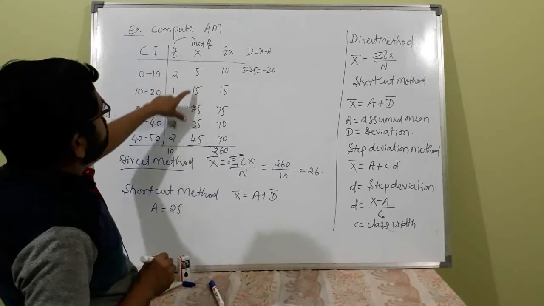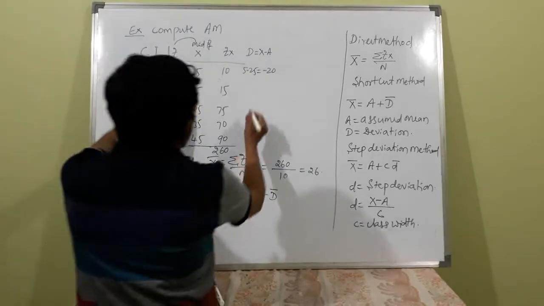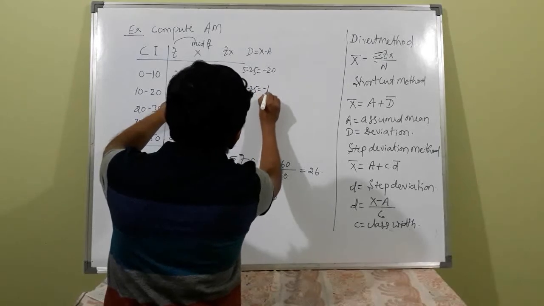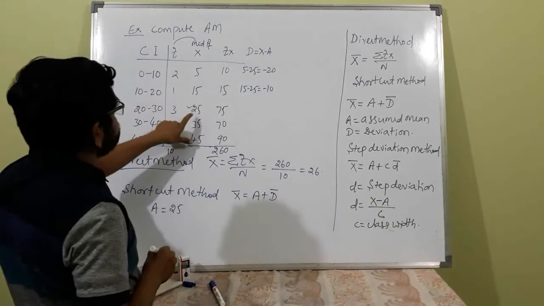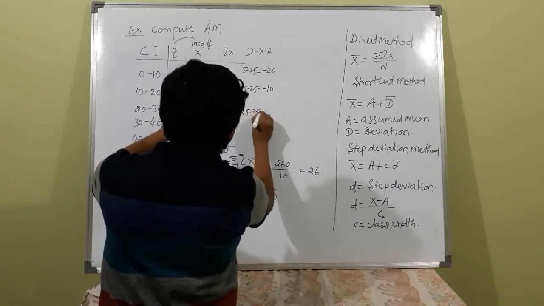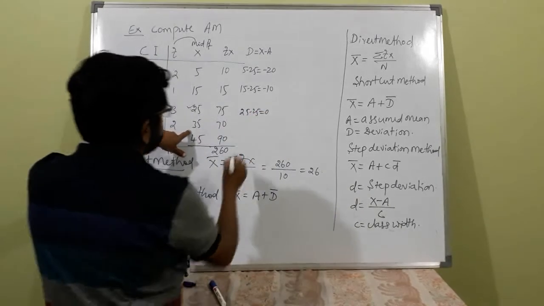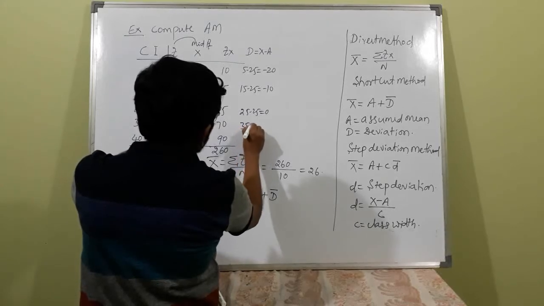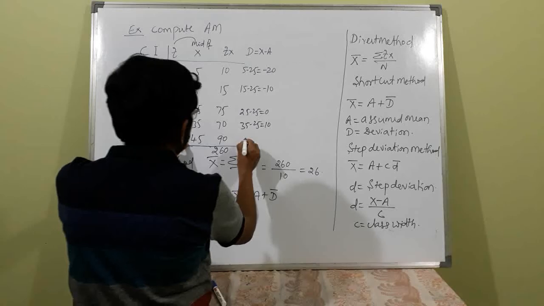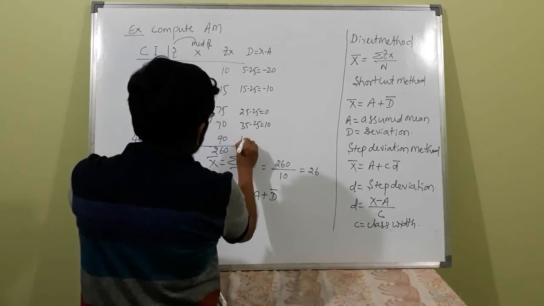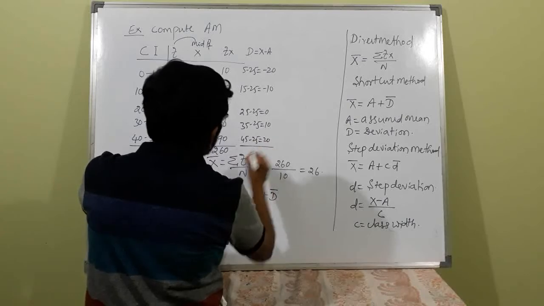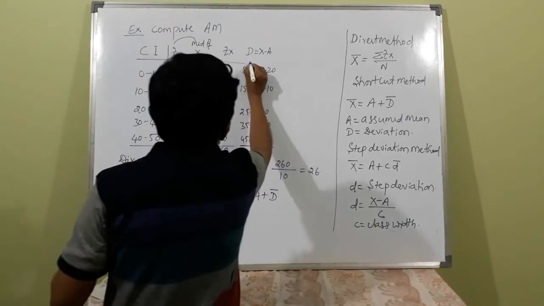Okay. 15 minus 25, that is minus 10. 25 minus 25, 0. 35 minus 25, 10. 45 minus 25, 20. Okay, these are D's.